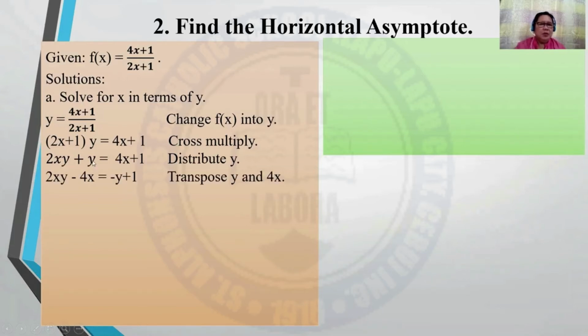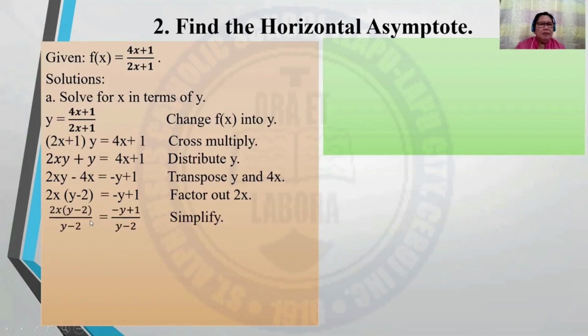And then transpose y, so you have negative y. Transpose 4x, negative 4x. Factor out 2x. 2x is common here and here. So 2xy divided by 2x, what we have is y. Negative 4x divided by 2x is negative 2. Copy.